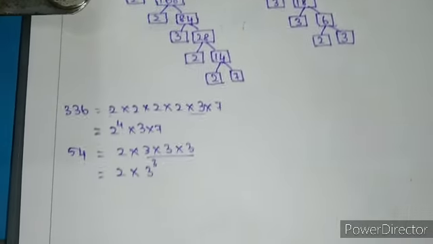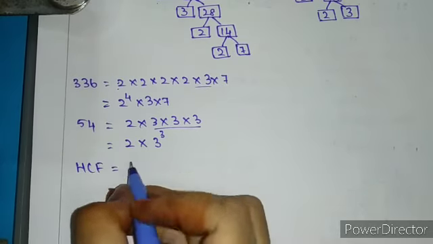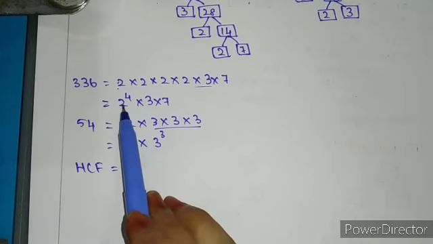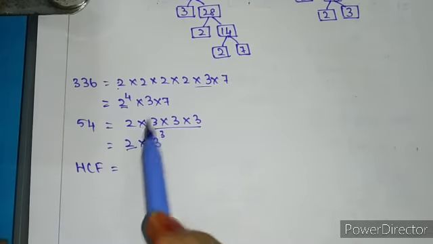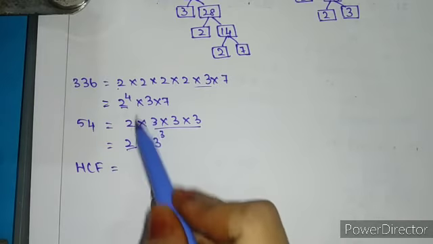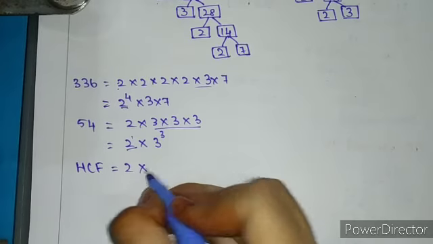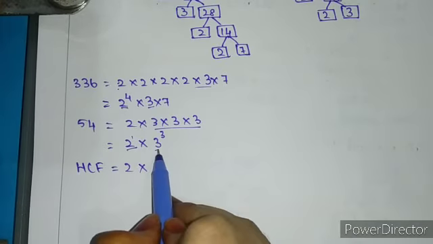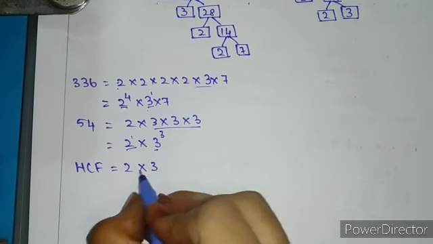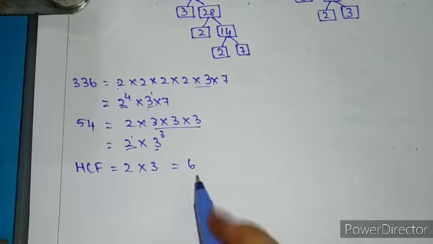So HCF is equal to, we know that HCF is the smallest power of each common prime. Here 2 is common, and we consider the smallest power, so 2 power 1, into 3, which is also common. When we consider the smallest power, it is 3 power 1. So 2 into 3 is equal to 6. HCF is 6.